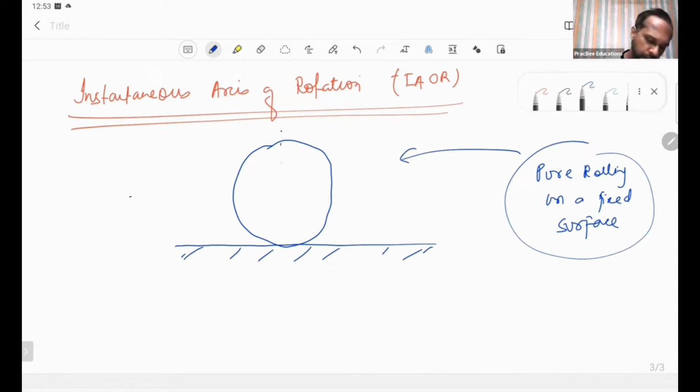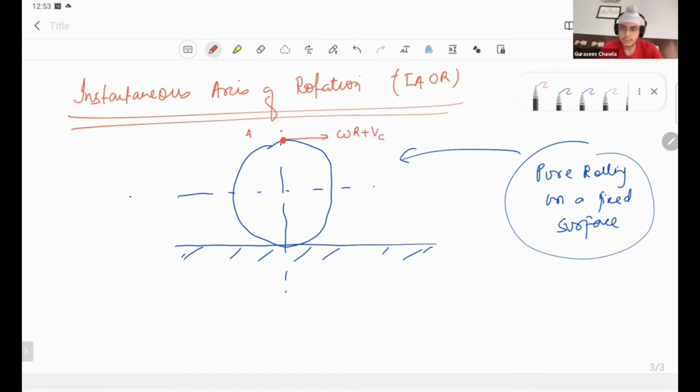Now, in this, suppose I take the highest point, let's call this A. At this point, the velocity of point A will be omega r plus velocity of center of mass. If I take another point B, omega r is in this direction, and the center-of-mass velocity is in this direction.